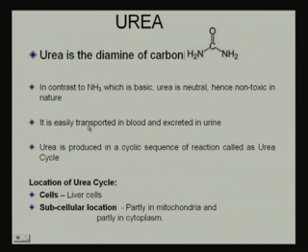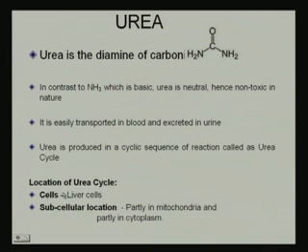It is easily transported in blood and excreted in urine. Urea is produced in a sequence of reactions called the urea cycle.